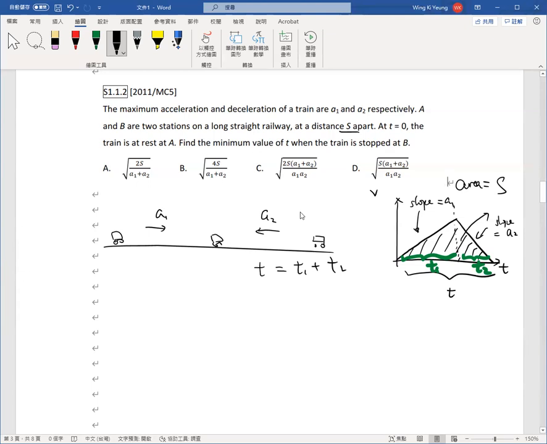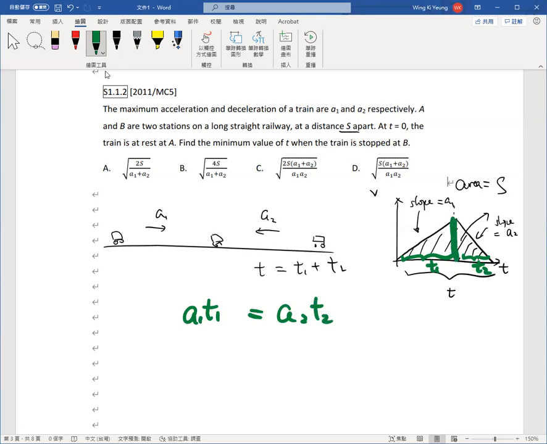So you can see there, this big triangle can be separated into two right angle triangles. The one on the left hand side has a height that is A1 times T1. The one on the right hand side has the height that is A2 times T2. This one, this is the height.